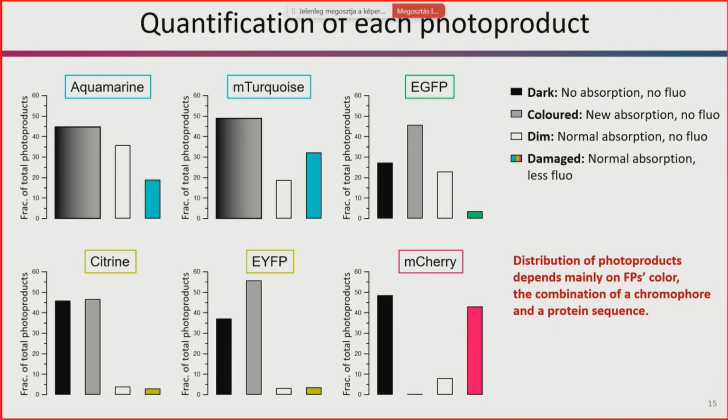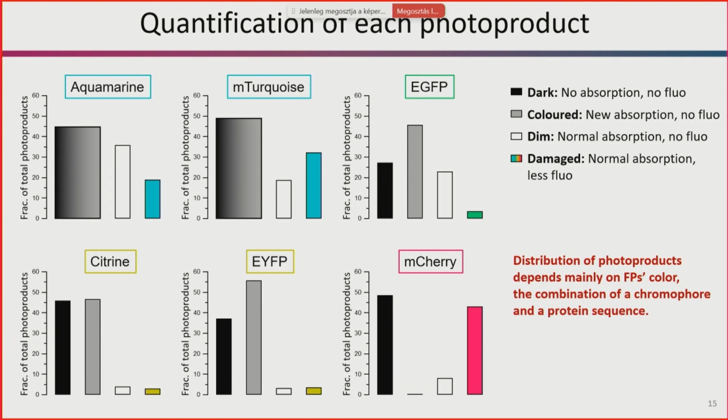For the green ones, it's nearly the same, because we have just the difference here with the dim species. But when we do fluorescence imaging, we just look at the fluorescence. So for this one, it's an on-off mechanism. You have a fluorescence signal, or you have no fluorescence signal. It's binary.